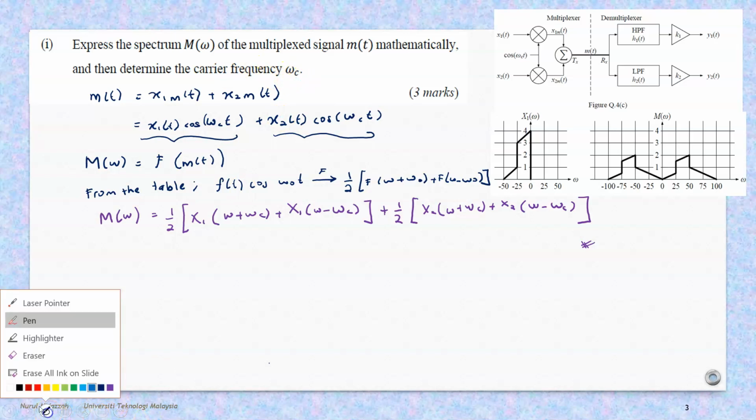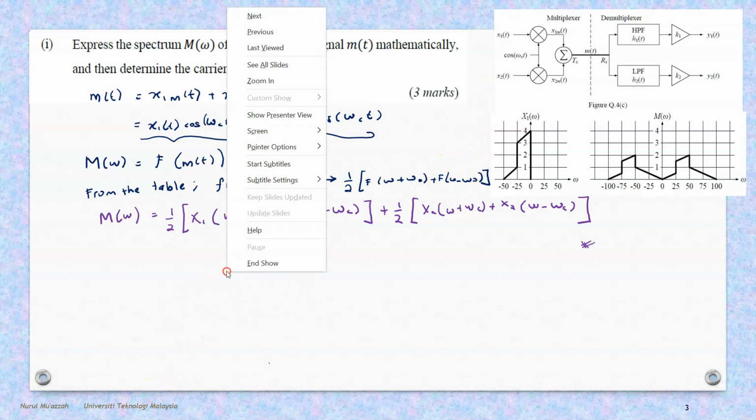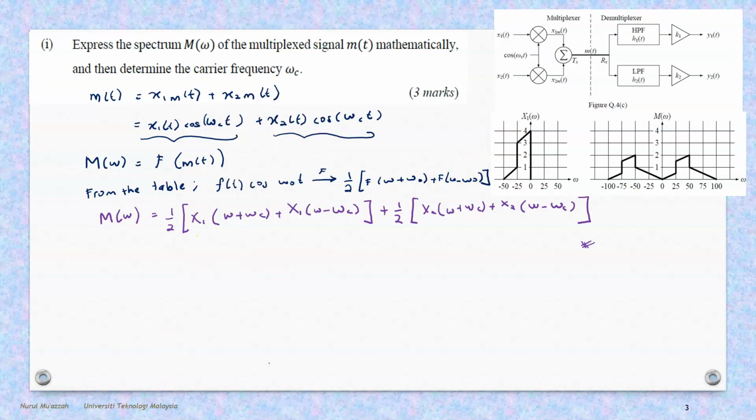Do not confuse this with x1m(t). x1m(t) is actually x1 which has been multiplied by cosine. So this whole equation here is actually X1m(omega), and the whole equation here is actually X2m(omega).